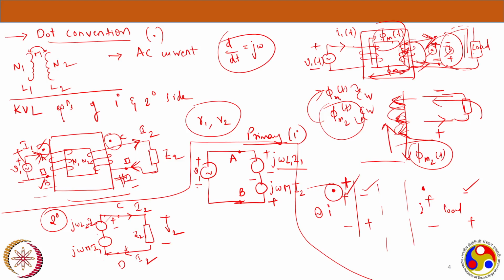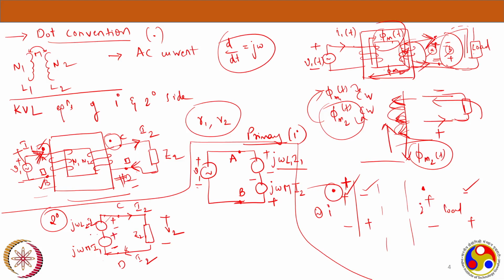But at the bottom side, if you see the polarity at the D, it should be negative, because the current is entering at the dot here, and here at the D it should always be leaving. That's why it can't be the same polarity. It should be leaving, then only you will get that kind of flux. Sorry, I couldn't clearly understand, but whatever you're saying is correct. So it should be a negative sign for the mutual side at the D, and it should be positive at the other.